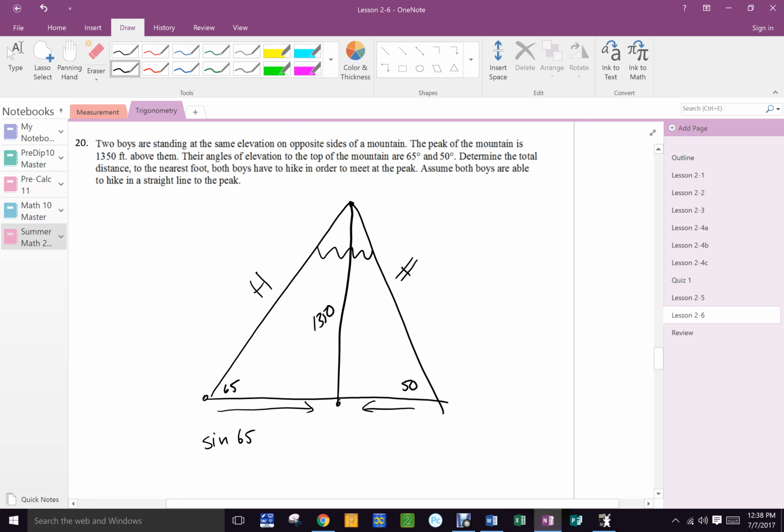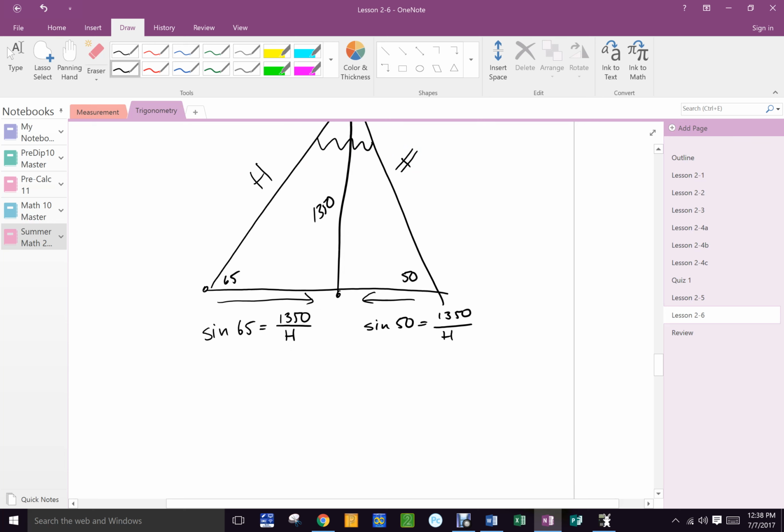Sine of 65 equals opposite 1350 over h. And this one, sine of 50 equals 1350 over h. How are you going to solve those two? Amrit. 1350 divided by sine 65.